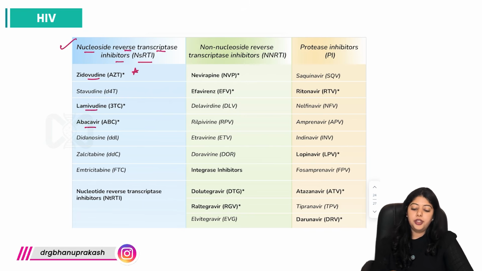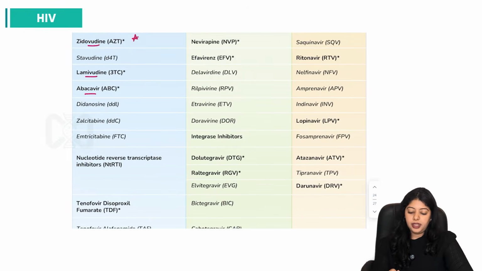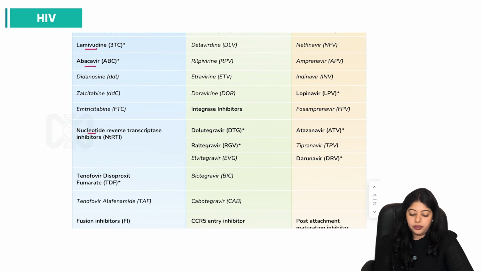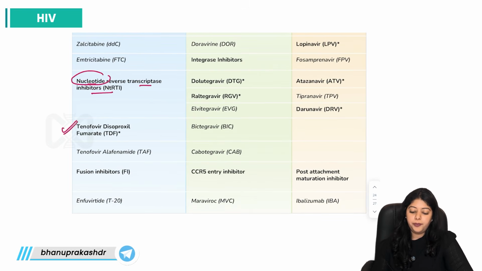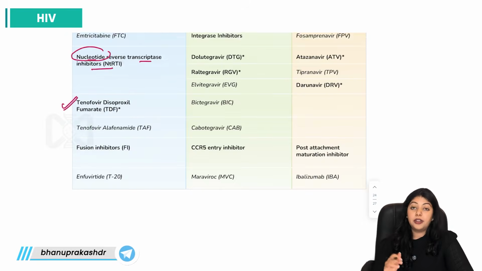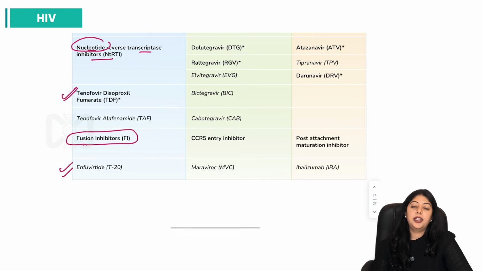These are nucleoside reverse transcriptase inhibitors. Then we have nucleotide reverse transcriptase inhibitors, which include the most important one, tenofovir. Then we have the next category, fusion inhibitors, which includes enfuvirtide.